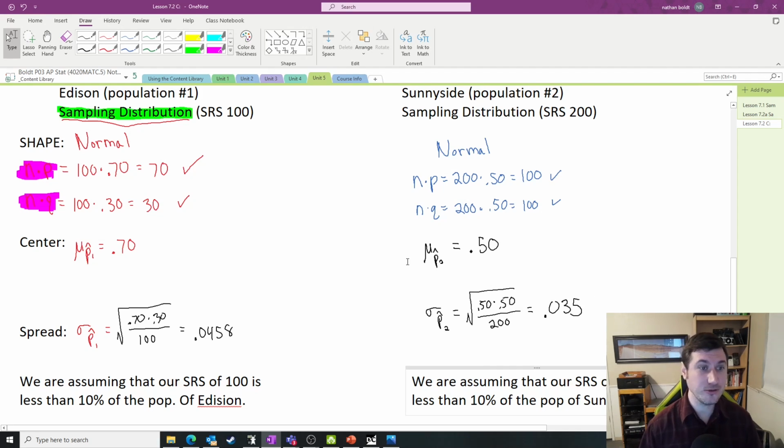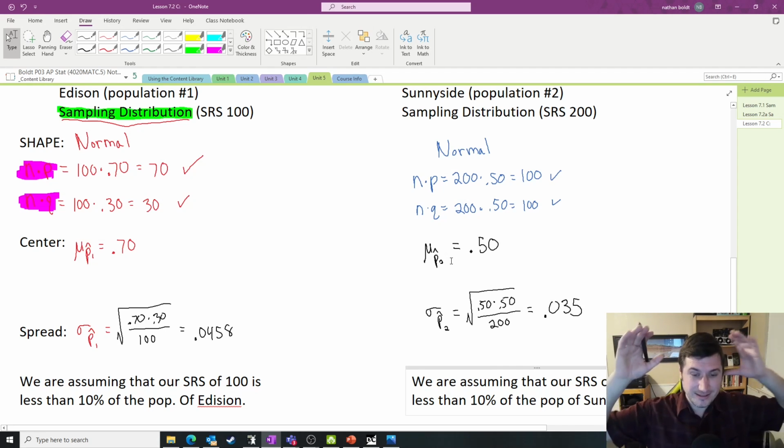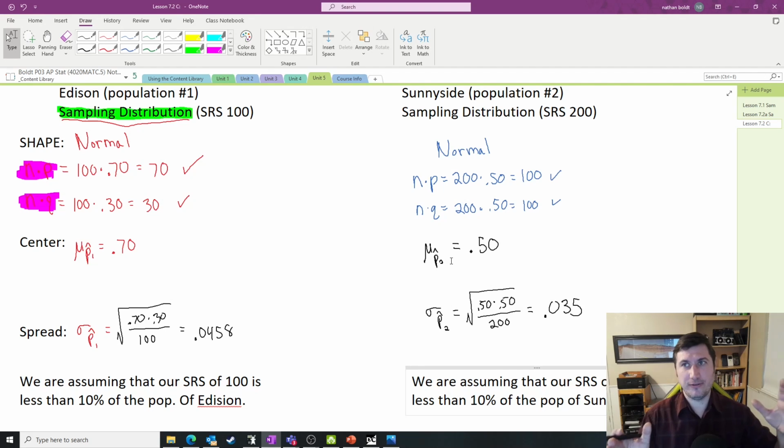All right, so what we're going to do now is take these two normally distributed sampling distributions. We want to be able to compare them, so we're going to subtract p1 hat minus p2 hat, okay?